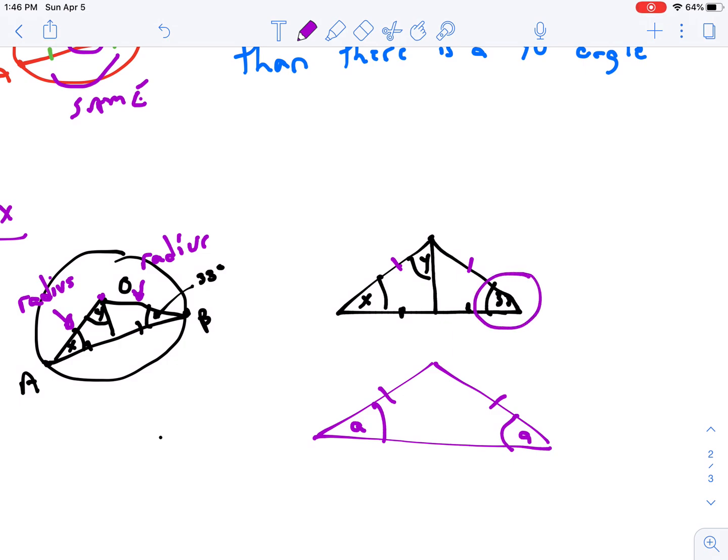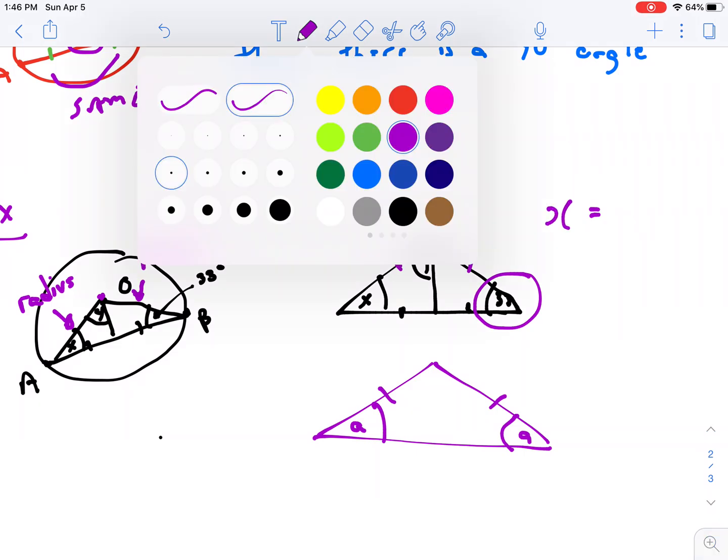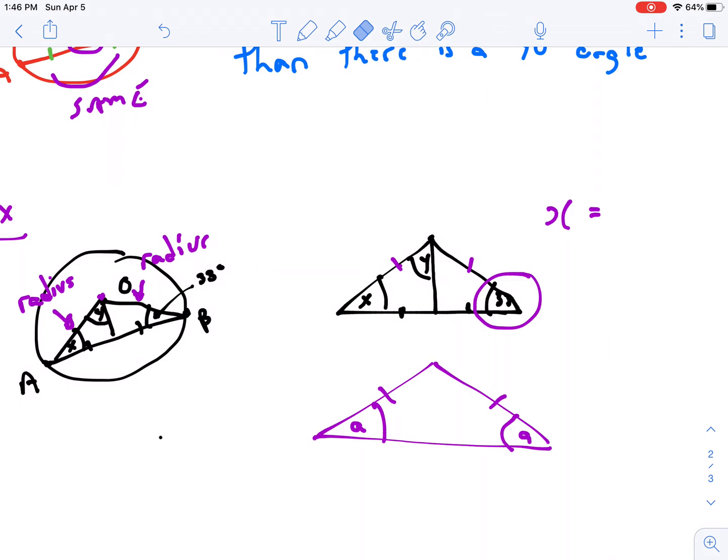So that means X has to be, I'm not going to be able to do a funny X like that. I might have to do a normal X. That means that X is going to be equal to 33 degrees. And I got that simply using my triangle mentality.